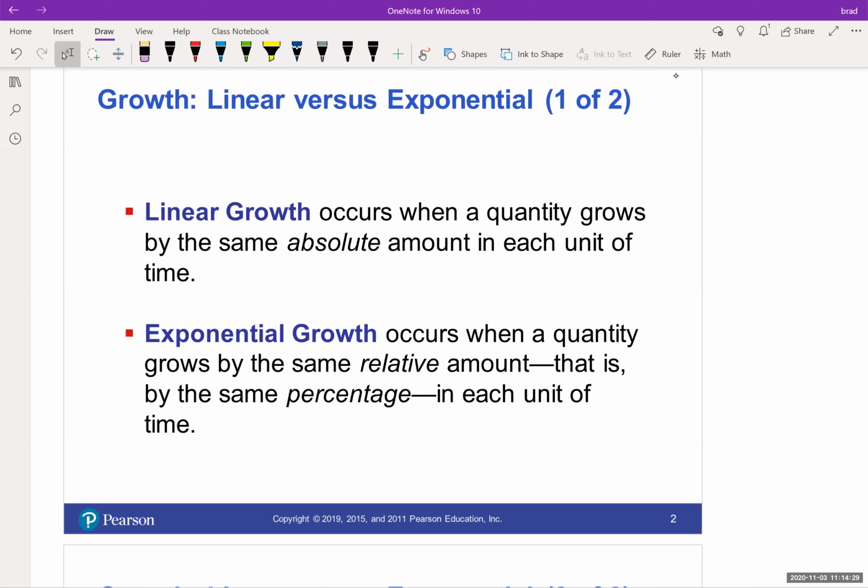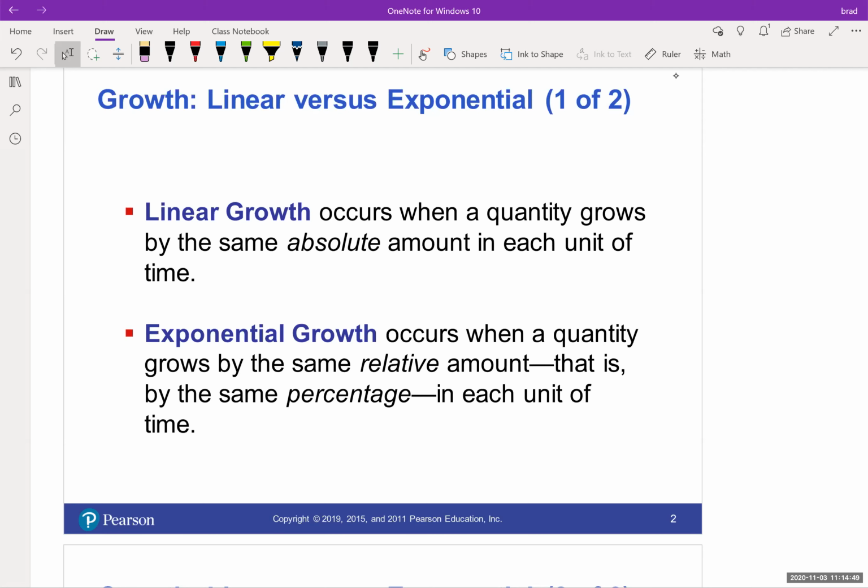so linear growth occurs when a quantity grows by the same absolute amount each unit of time. For example, every year or every minute or every hour, or whatever they're calculating. It doesn't always have to be exactly time. That's just our staple. But when it grows the same amount each time, that's linear.